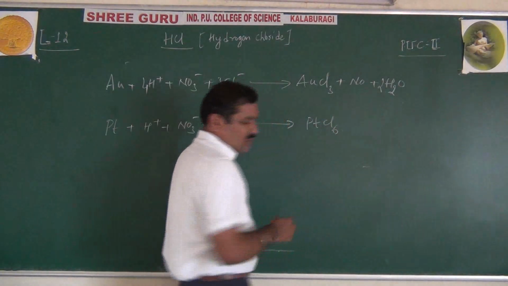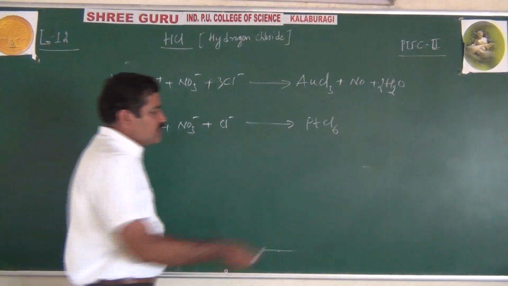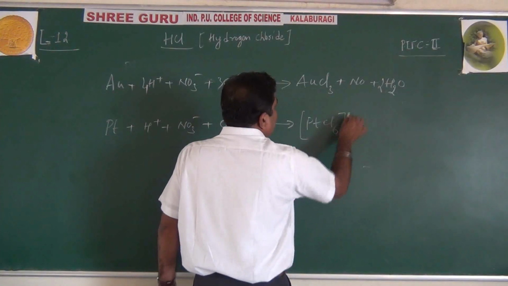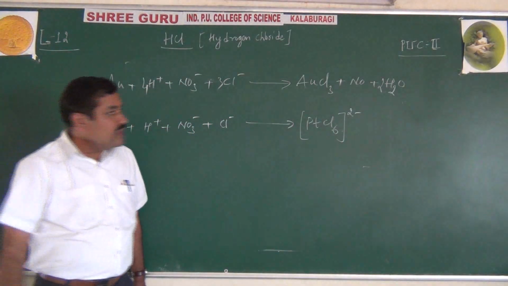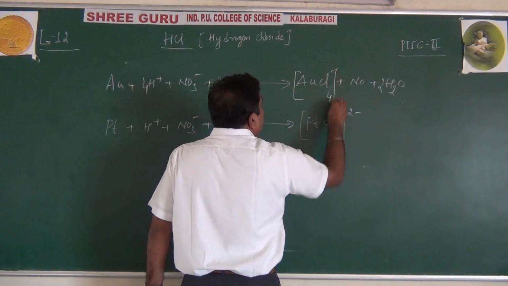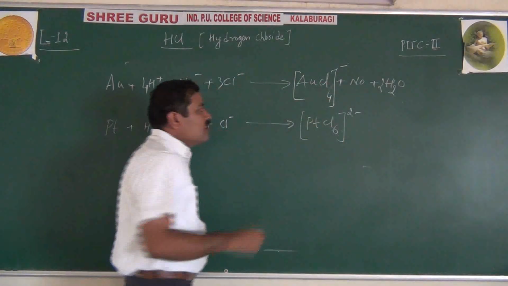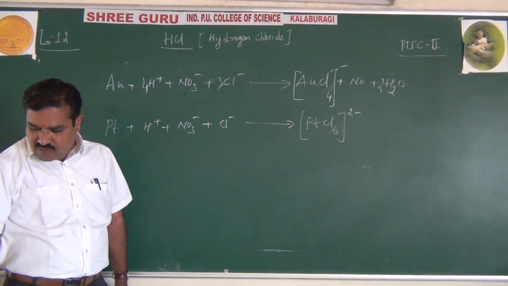Okay. That means platinum hexachloride definitely. PtCl6 2 minus. That is above one AuCl3. Sorry, AuCl4. Extremely sorry. AuCl4 minus and PtCl6 2 minus. NO and so on.